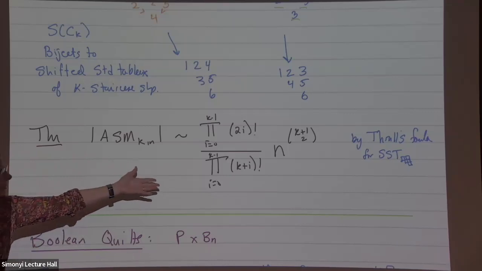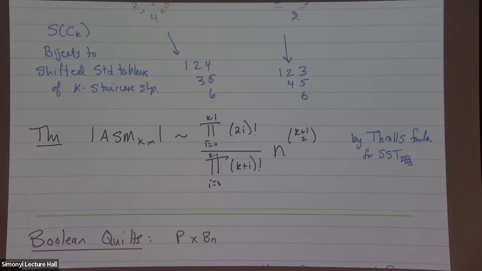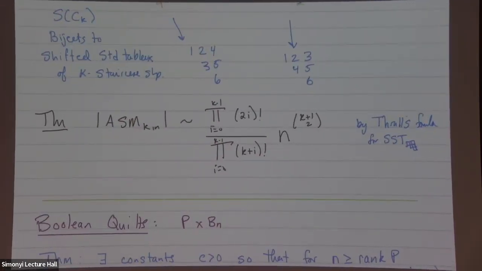There's some nice, easily computable coefficient, and then n to the K plus 1 choose 2. So we believe this is new in the world of ASMs. Still leaves a lot of terms left in the polynomial. Some more work to do. Yeah, more work for all of you.